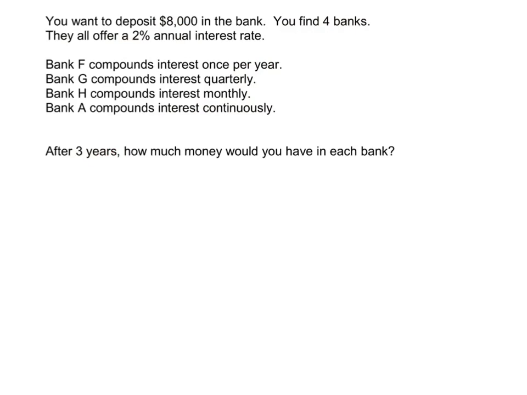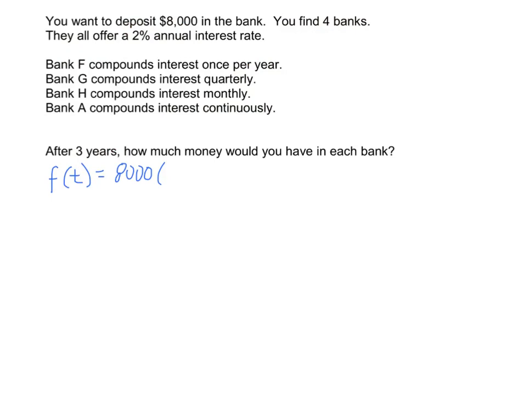To calculate the money in our bank for Bank F, if we deposit $8,000, I'm going to use a function, f of t, where f represents the amount of money in our bank for Bank F, and of course t is time measured in years. So f of t would be 8,000 times 100% plus 2%, our original amount plus 2%.